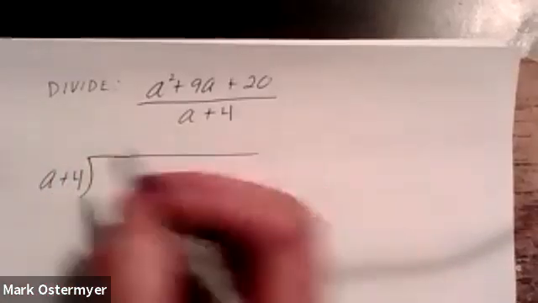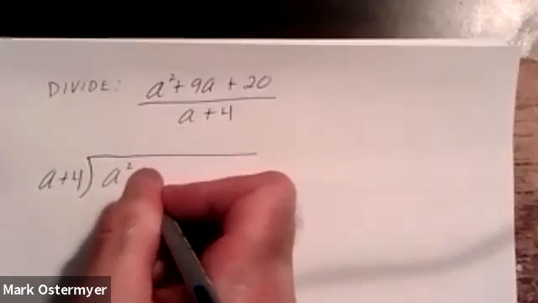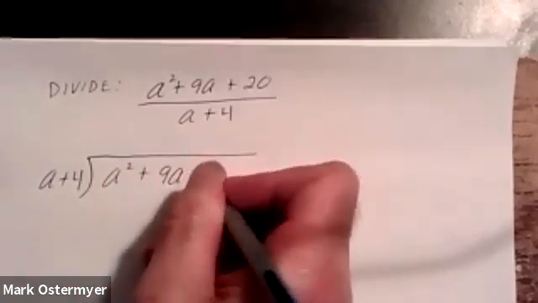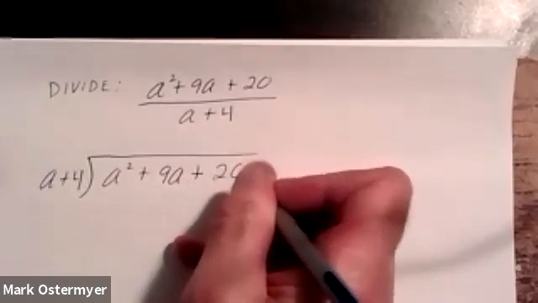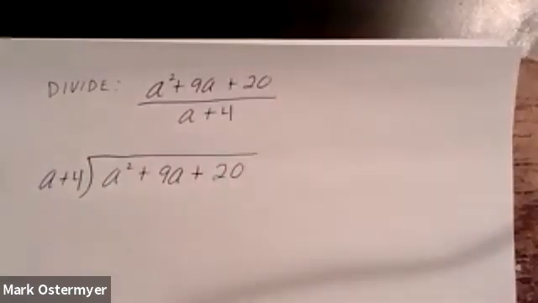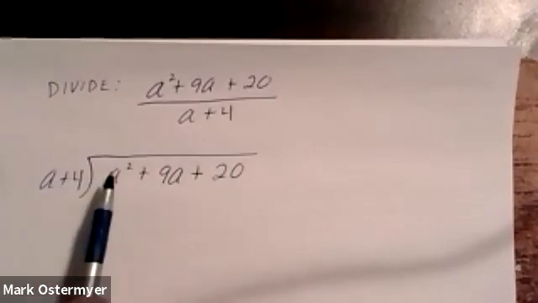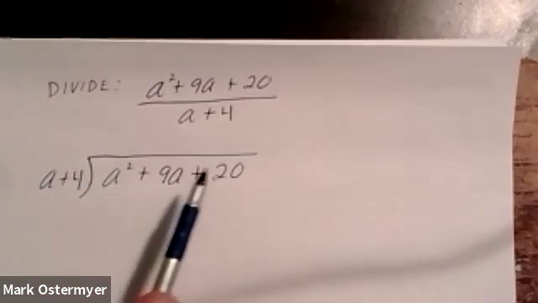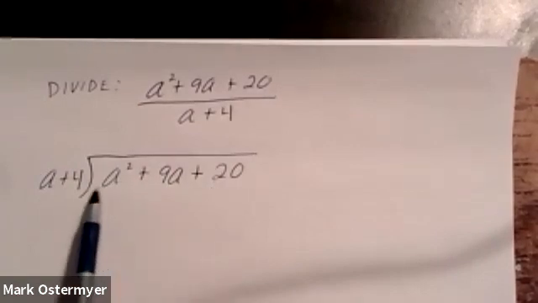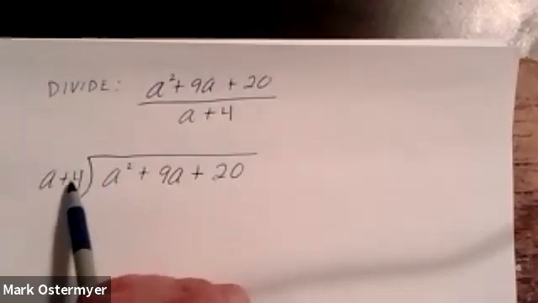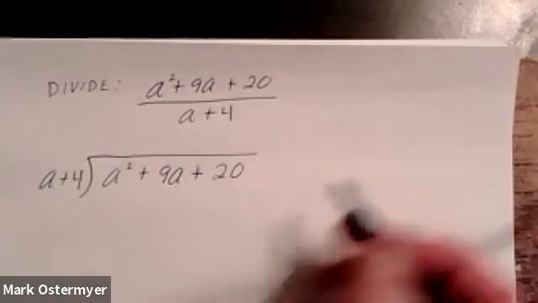My dividend. Notice both divisor and dividend are written in descending order. First degree term, 0 degree term. Second degree term, first degree term, 0 degree term. We're not missing any powers of x. We don't have to insert what are called placeholders. We're ready to begin our division here. We ask ourselves, how many times is a divided into a squared?